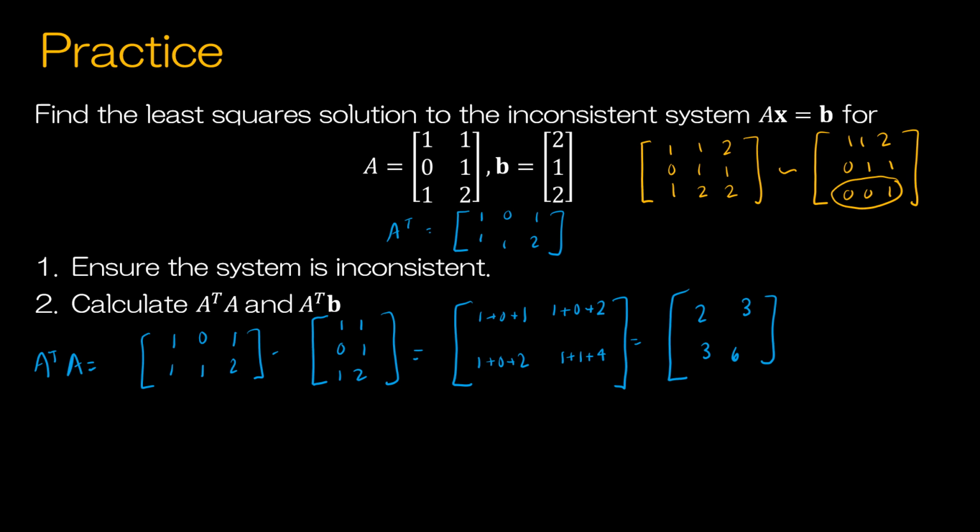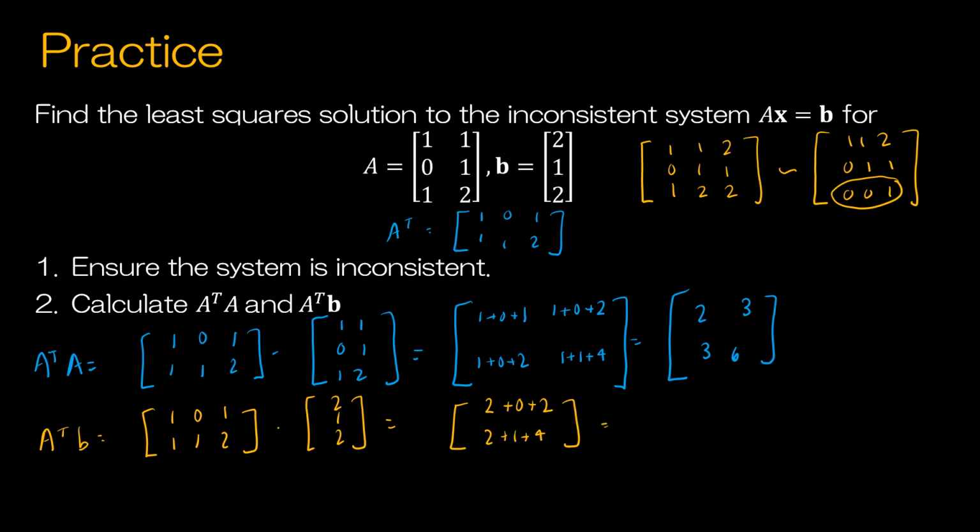Now I'm going to do the same for A transpose b. Using A transpose, this time I'm multiplying by b, which is 2, 1, 2. And that gives me 2 plus 0 plus 2 and 2 plus 1 plus 4, which gives me 4, 7.